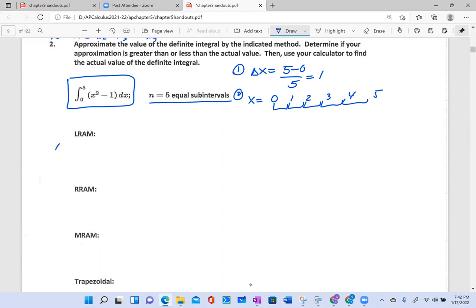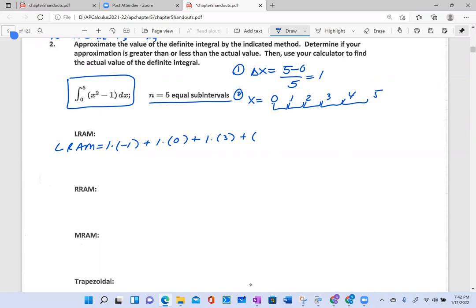And we should have 5 subintervals. So the left rectangular approximation method is, well, delta x is 1. The left endpoint here is 0, so it's 0 squared minus 1, which is negative 1. Plus 1 times the left endpoint 1: 1 squared is 1 minus 1 is 0. The next one is 2 squared is 4 minus 1 is 3.